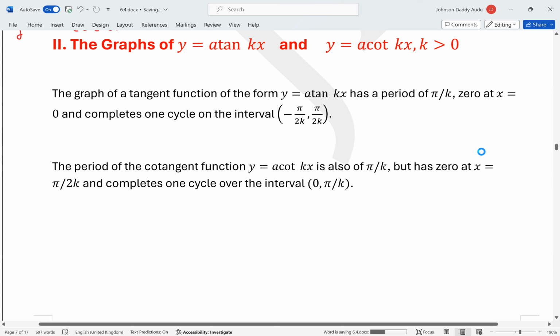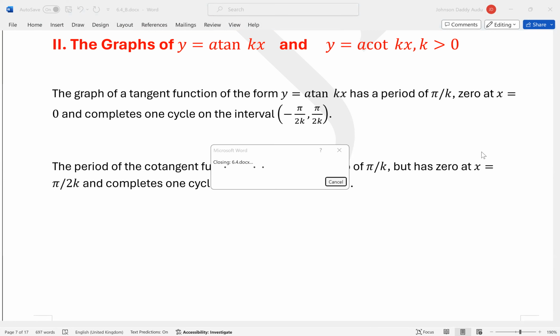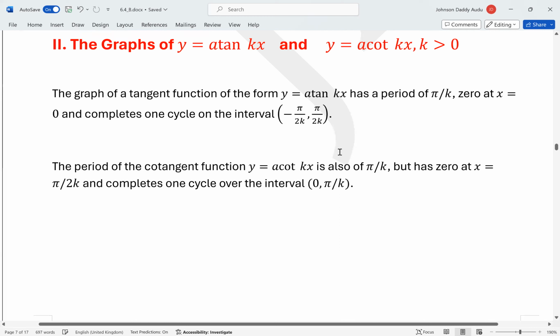So we'll start with this type of graph where you have just a stretching and shrinking. For the graph of tan, something very important is that tan is of period pi.